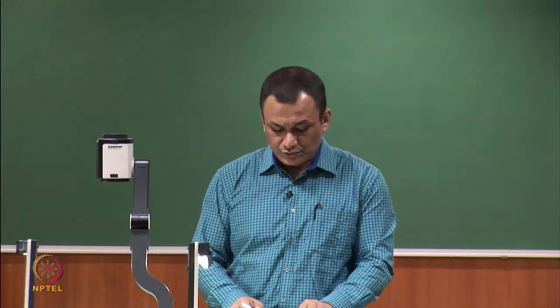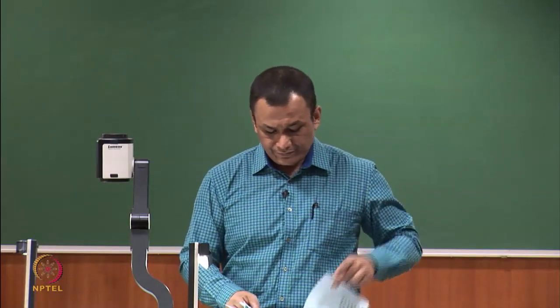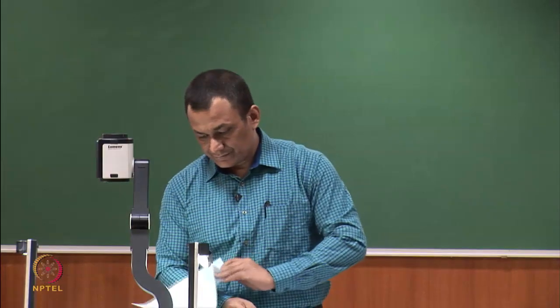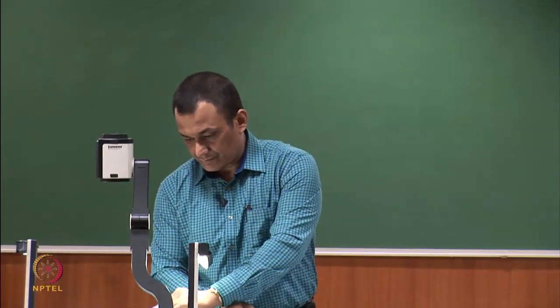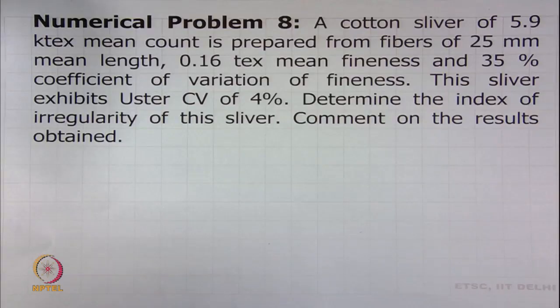Now, we proceed to problem number 8. This is problem number 8. A cotton sliver of 5.9 kilotex mean count is prepared from fibers of 25 millimeter mean length, 0.16 tex mean fineness and 35% coefficient of variation of fineness.